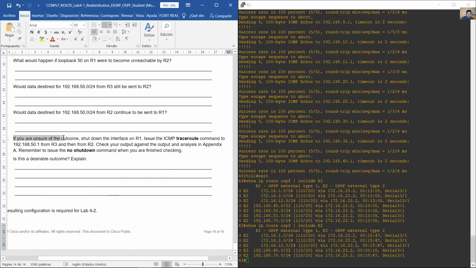To verify this outcome, shut down the interface on R1. Issue the ICMP traceroute command to 192.168.50.1 from R3 and then from R2. Check your output against the output analysis in Appendix A. Remember to issue the no shutdown command when you are finished checking.